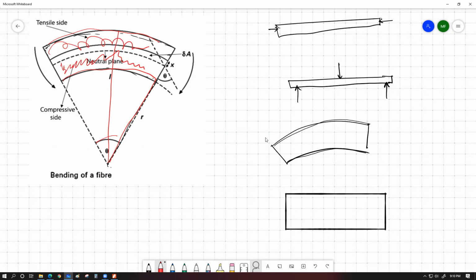This is a very interesting scenario because in many cases this can lead to mechanical failure or breaking of a specimen pretty easily. Come to think of it, if you consider a plastic ruler, a 6-inch ruler, and you try to pull it in opposite directions with your hands, you cannot break it.